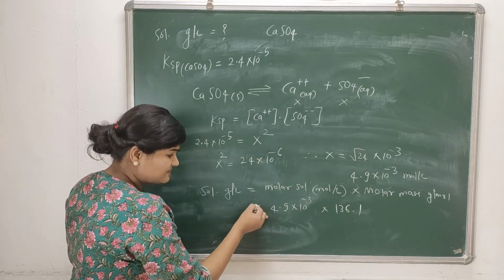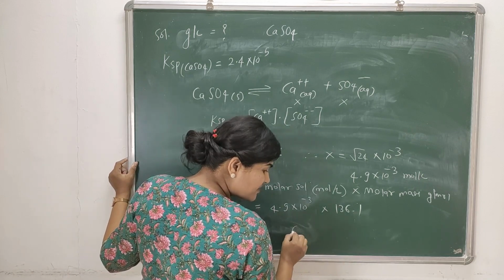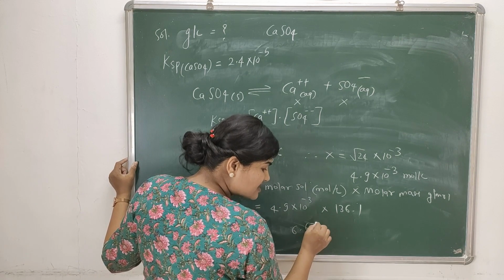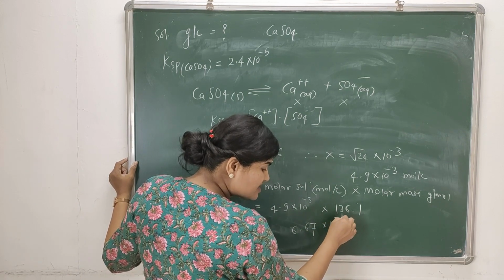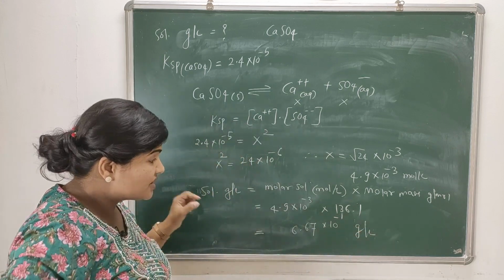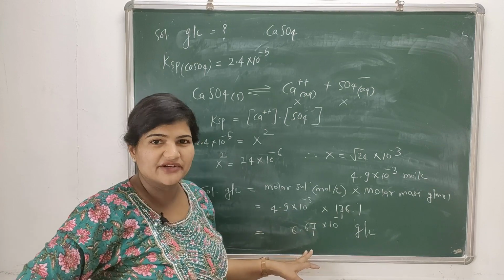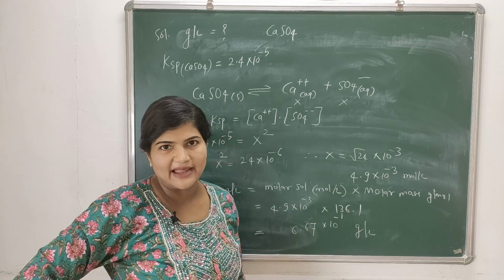So if we solve this, we'll get the answer 6.67 into 10 raised to minus 1 gram per liter. You can solve it if you wish to, but I have already calculated, and it comes 6.67 into 10 raised to minus 1 gram per liter.